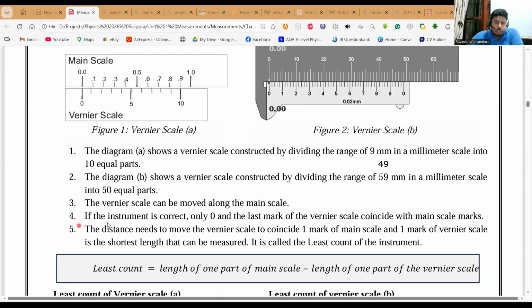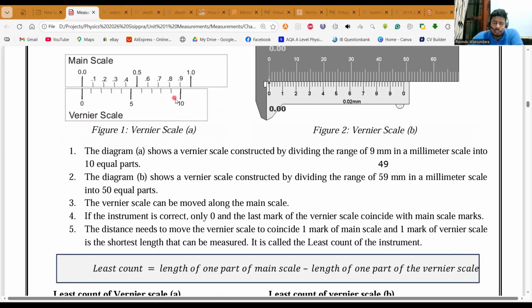Fourth one, if the instrument is correct, only the 0 and the last mark of the vernier scale coincide with the main scale marks. You can clearly see here that only the 0th mark of the main scale and the 0th mark of the vernier scale coincide, and the last mark of the vernier scale coincides with the ninth division of the main scale.